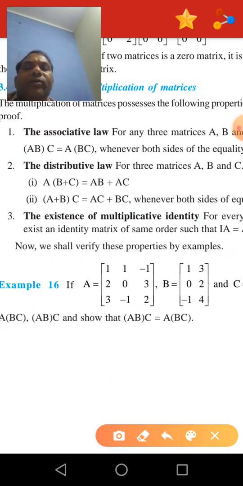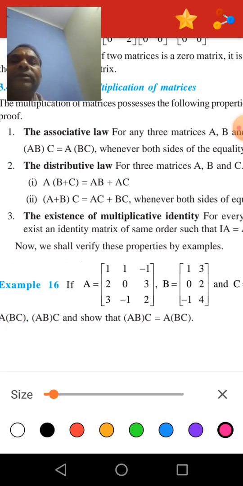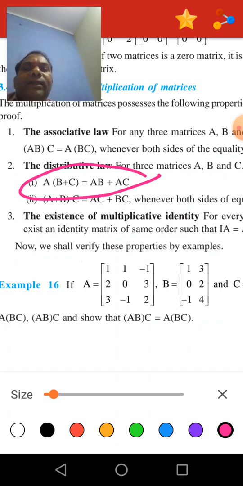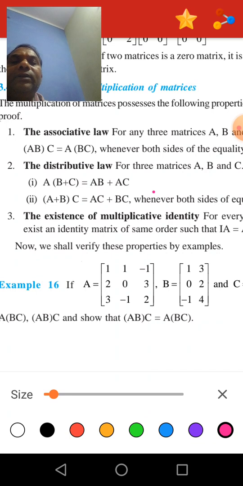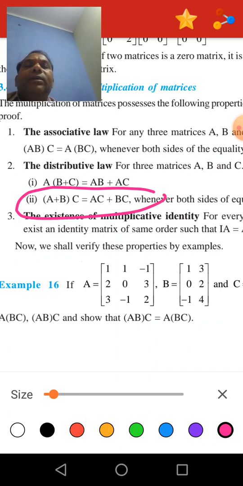Now the distributive law. Its first part: A into (B plus C) is equal to AB plus AC, and its second part is (A plus B) into C is equal to AC plus BC.